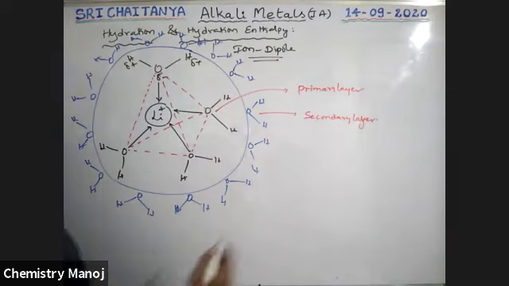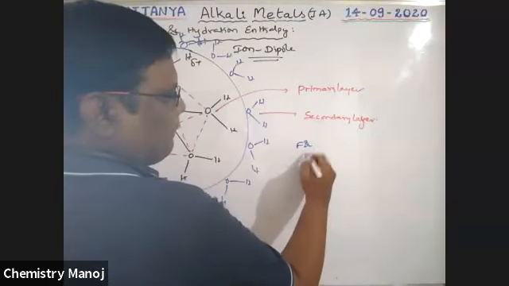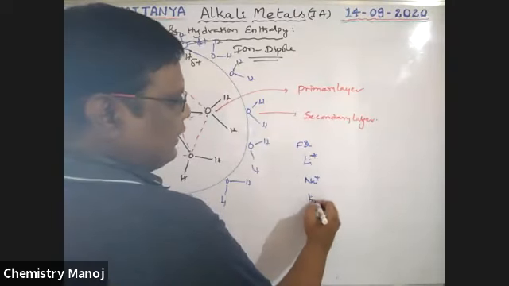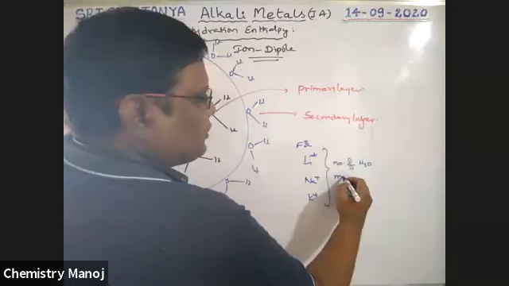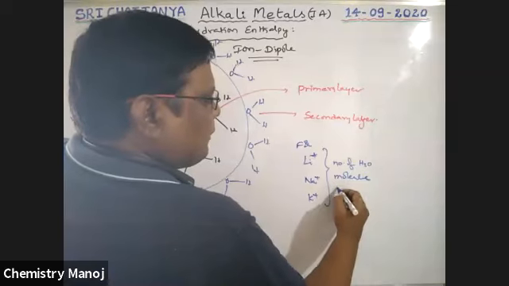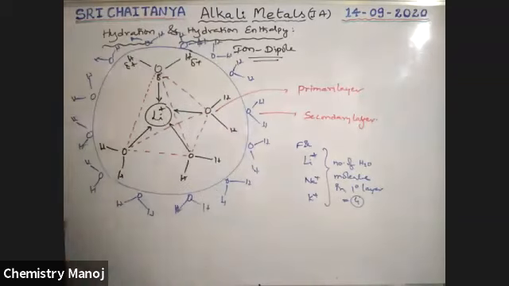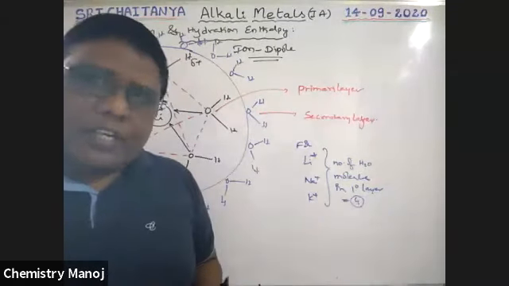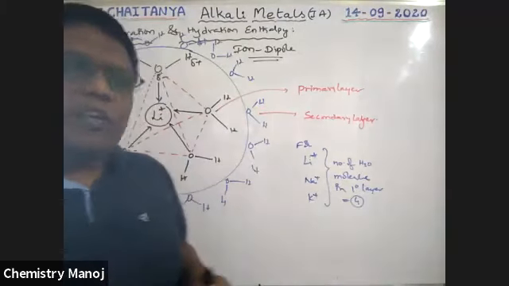Not only for Li plus, but also for Na plus and K plus, the number of water molecules in the primary layer is equal to 4, because of the small sizes. As size increases, the number of water molecules also increases, but the attractive power decreases. That means hydration power decreases, but more water molecules are attracted.